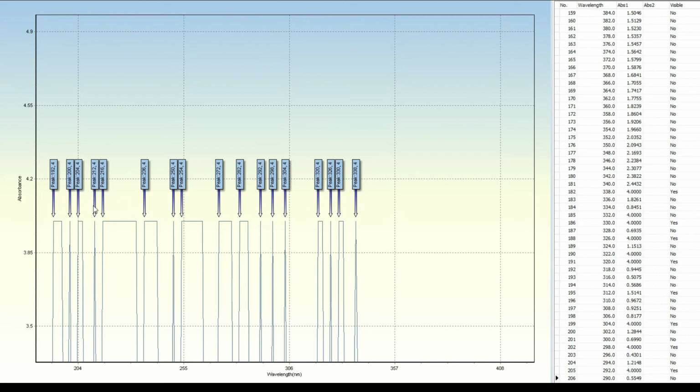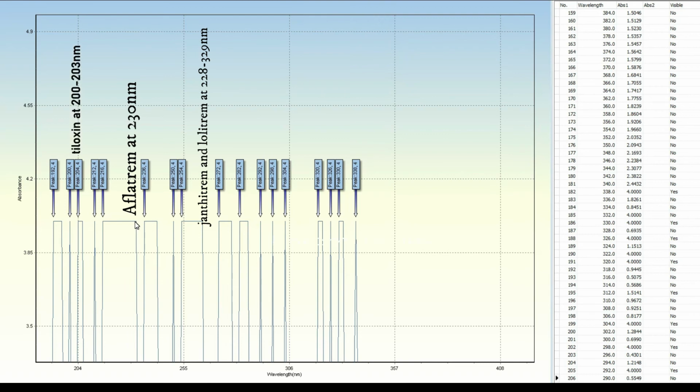You can see the gap between the two plateaus, one on the left hand side and one on the right hand side. In these two plateaus, we are concerned about the Tremorgens. There is the aflatrem at 230 nanometer, as you can see, and the other two, the lolitrem and the xanthitrem, are at 228. And then the ustiloxin has arrived, so that is the main variant, the viral DNA variant.